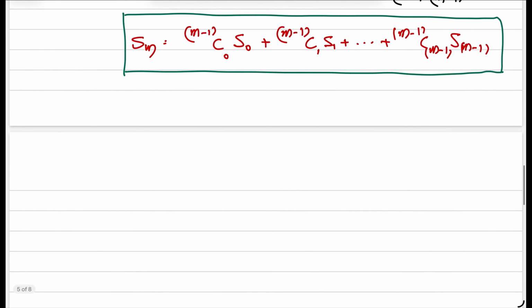Hence, this is the answer we have got. For various values of p, because it is not a standard value, it depends upon the value of p.